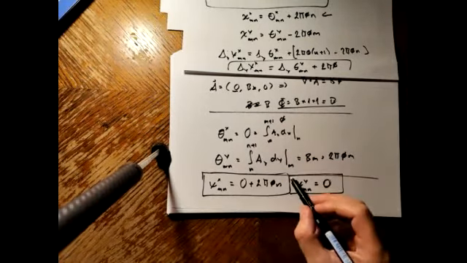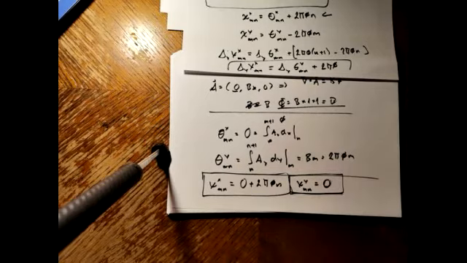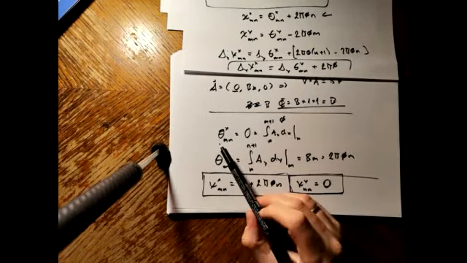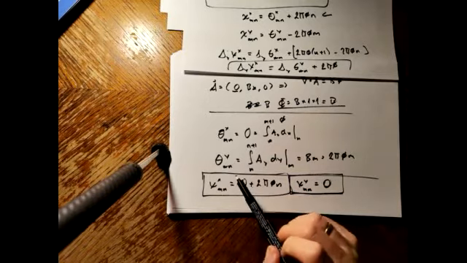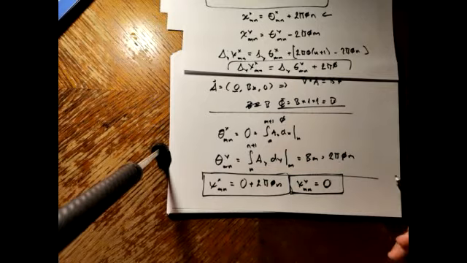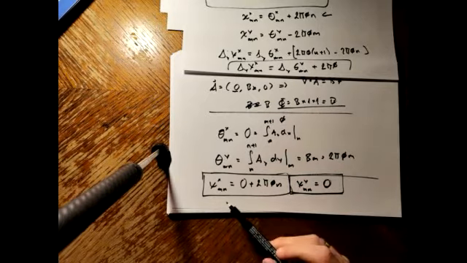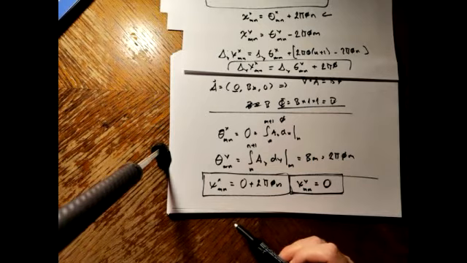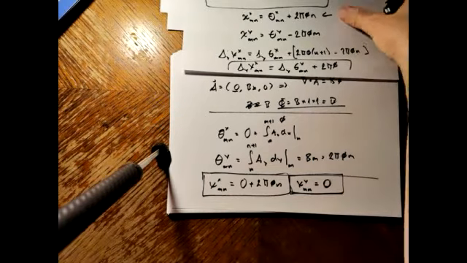It's interesting that in our gauge, the x hopping has a 0 phase, the y hopping has a 2 pi phi m phase, and it's sort of the reverse when you go to the actual magnetic translation operators.